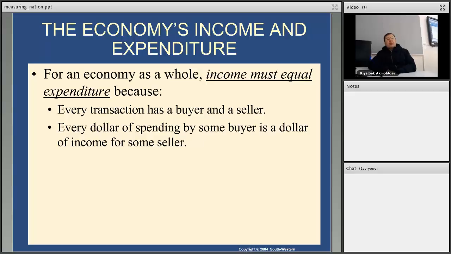Because our aim is to understand how much income people are getting in one country, we have to look at how much money they are spending in the economy.